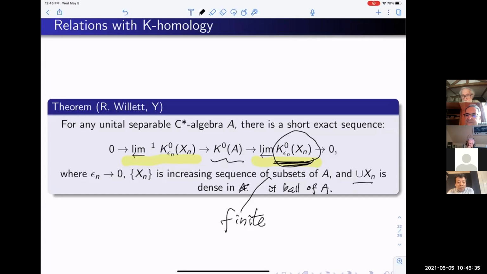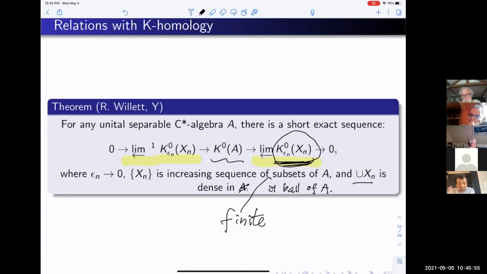There are theorems by Wilhelm Winter and his collaborators, who want to classify C*-algebras generically of dimension 1.